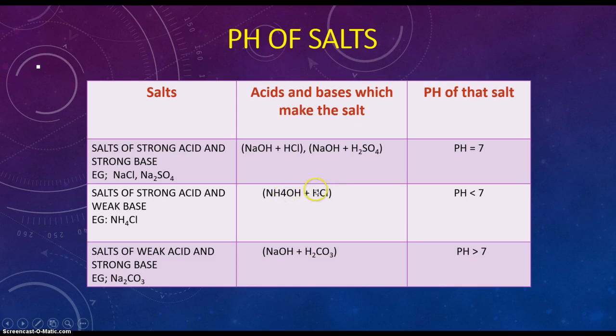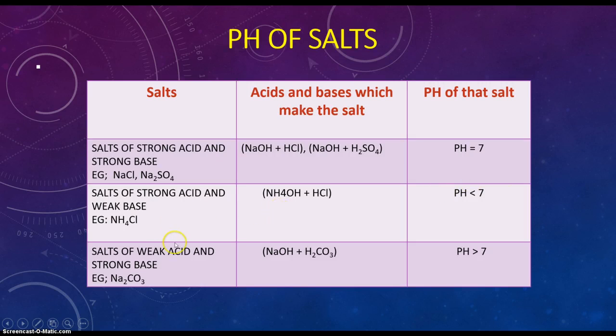And there would be excess acid because it is a strong acid. After neutralization there will still be some acid molecules present in your system, and due to the presence of that excess acid, the pH of the solution would be less than 7, right?